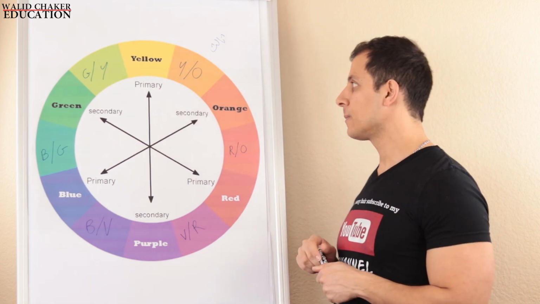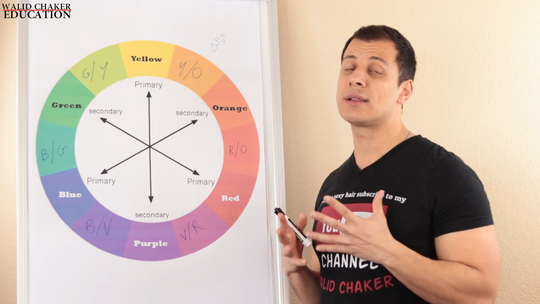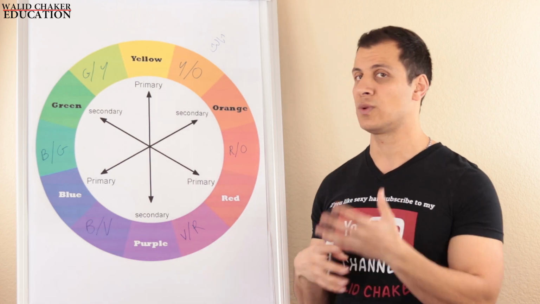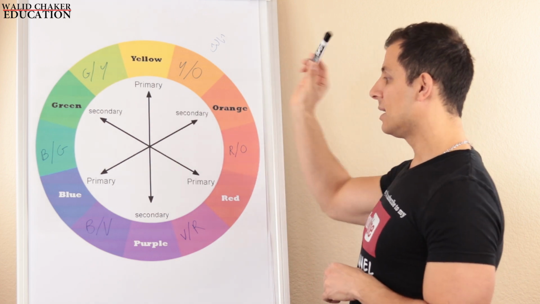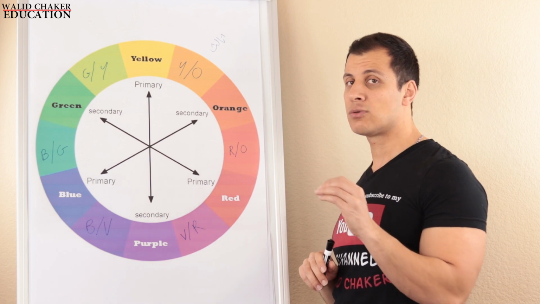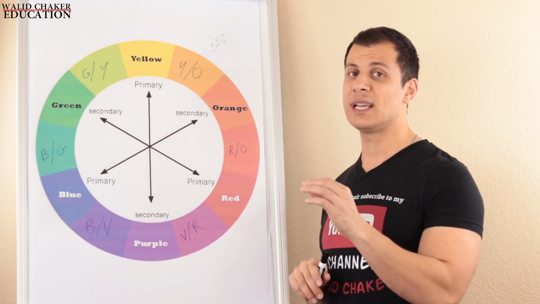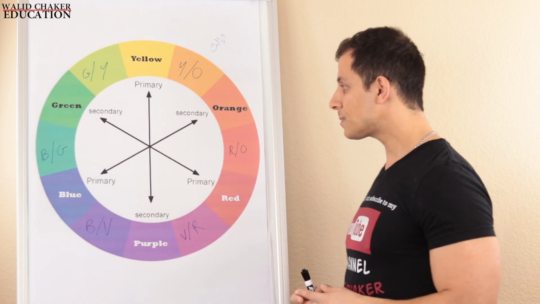So what does that mean? The colors we cannot create are the primary colors. Those colors we cannot make, okay? They are the red, the blue, and the yellow. That's why we call them primary colors. That means the colors we cannot create.